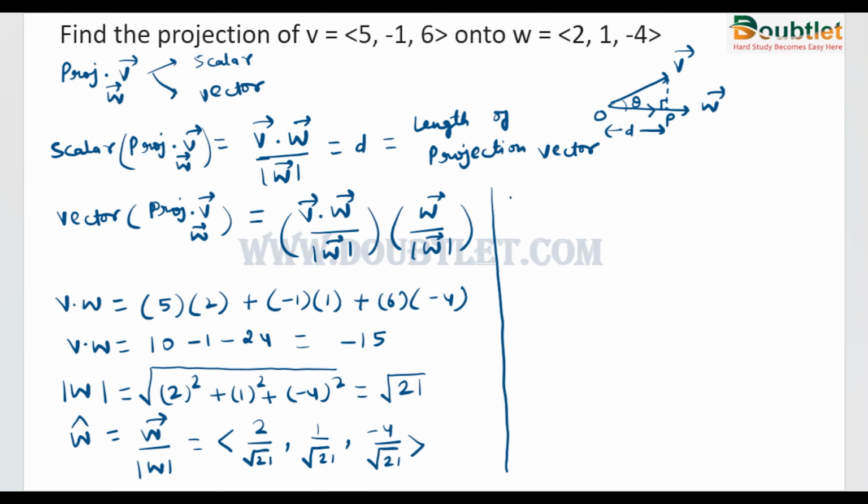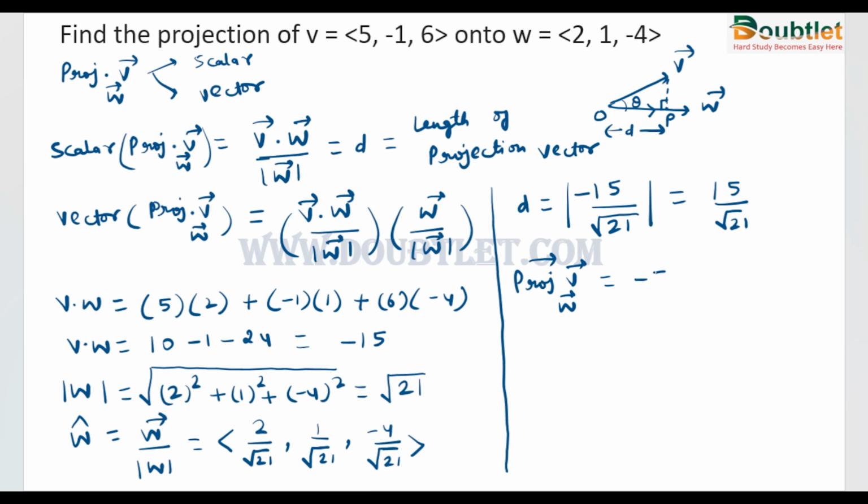Now here we will calculate the actual value of projection. First of all, the scalar projection d will be, as the dot product is minus 15, divided by root of 21. So this is the scalar projection, and we will take the magnitude of this, which means the length of the projection vector. Now if we want to find the actual projection vector of v onto w, we have to multiply this term, minus 15 by root 21, to the unit vector.